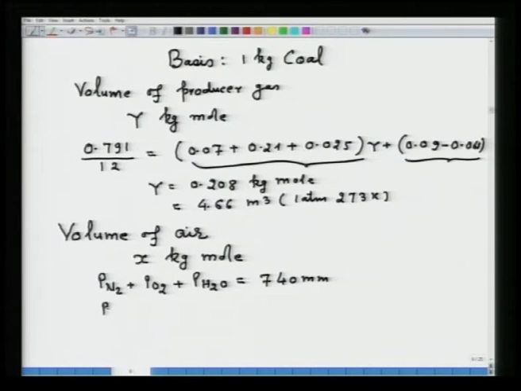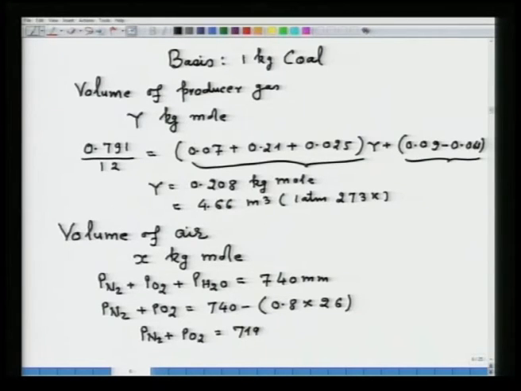Now, we can find PN2 plus PO2 equals 740 minus 0.8 into 26, that will give you PH2O. So, with this I am getting PN2 plus PO2 equal to 719.2 millimeter of mercury.